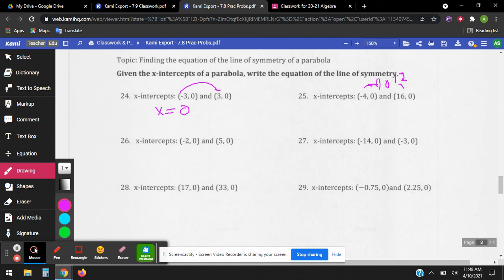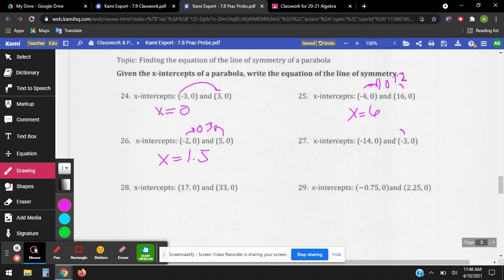What's halfway between 0 and 12? 6. X equals 6. Okay, here. Again, let's go up 2 to get to 0. If I go down 2, I get to 3. What's halfway between 0 and 3? 1.5.